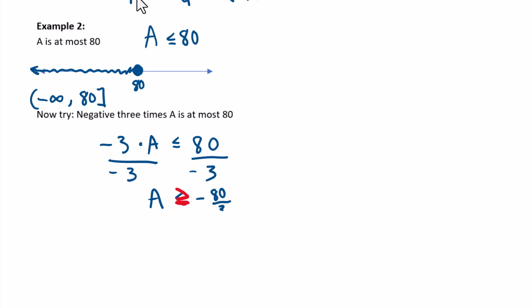Since these do not reduce, our solution set or interval where a is true is anything to the right of negative 80 over 3, and we would include the negative 80 over 3. So a left-bounded bracket, negative 80 over 3, comma, infinity, and a right-bounded parenthesis.